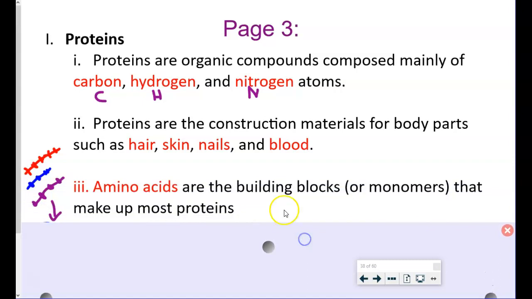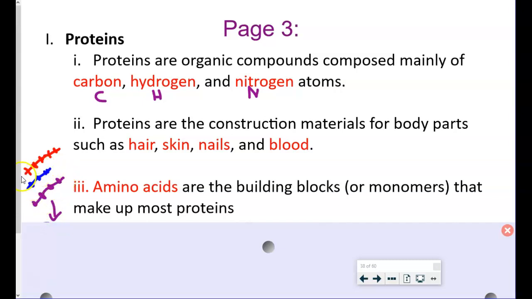Okay, now the building blocks for proteins, just like the carbohydrates and lipids we talked about, there's little pieces called monomers. And for proteins, the monomers are called amino acids. Okay, so just like our sugars we talked about, they just kind of chain up together. So this purple strand here has 4 amino acids.